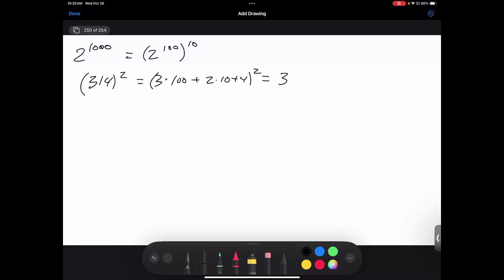I'm going to get 3 squared times 100 squared plus all the different cross terms. And so the question is, is there a power of 2 that's going to be really nice and easy to work with?